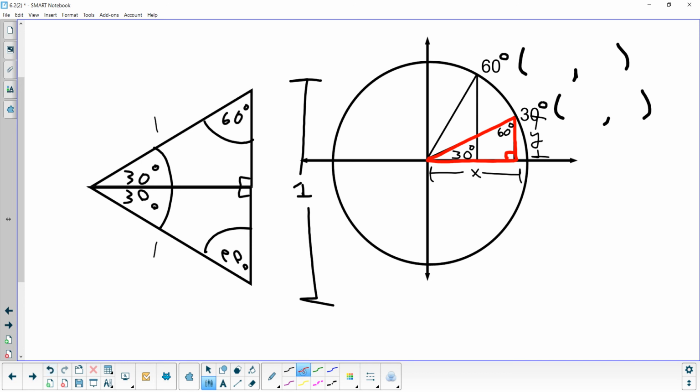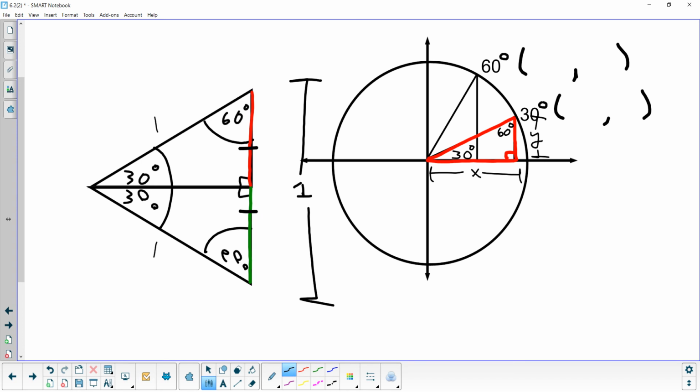Now, what do we know about the side in red compared to the side in green? How does the red side and the green side compare? Yeah, they're the same, because they're mirror images of each other. So they are congruent.